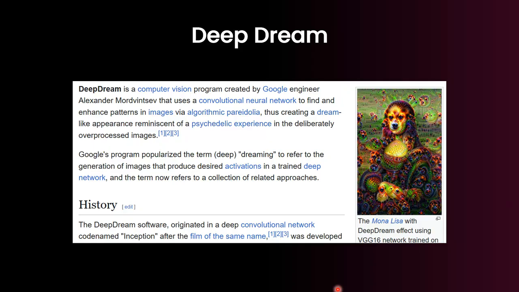He thought about running the VGG16 network, which consists of stacked convolutional neural networks, trained on the ImageNet dataset, backwards, so he could exaggerate the features the model learned to classify.